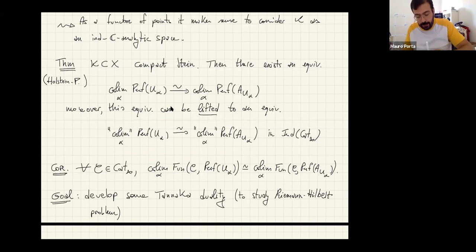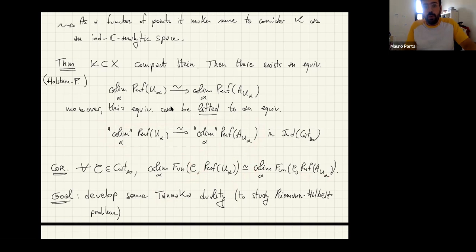And in developing this Tannaka duality, we were trying to reduce the question to the algebraic setting, and we needed this equivalence where C was not compact. So in the end, we managed to prove this equivalence, which definitely overkills the problem.